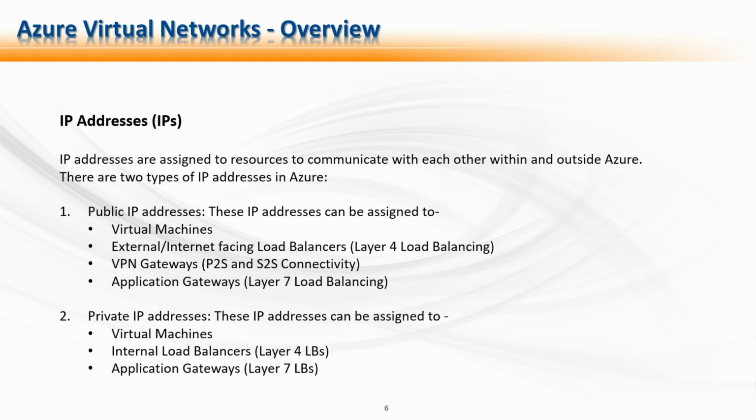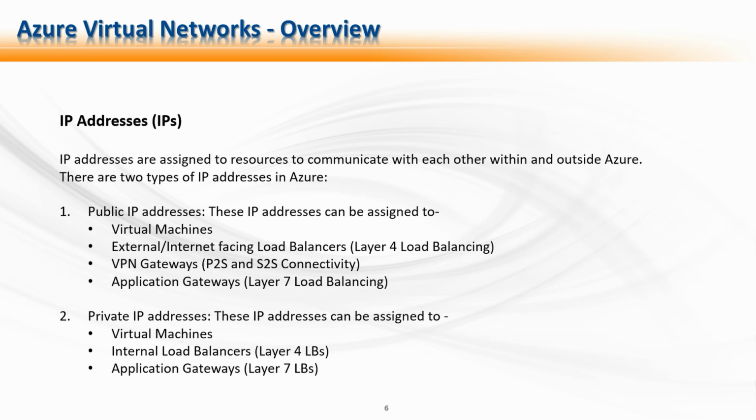We all know about IP addresses, isn't it? But just as a revision, IP addresses are assigned to resources to communicate with each other within and outside of Azure. We can also connect to our on-premises network as well as the internet. There are two types of IP addresses in Azure: the public IP address and the private IP address.